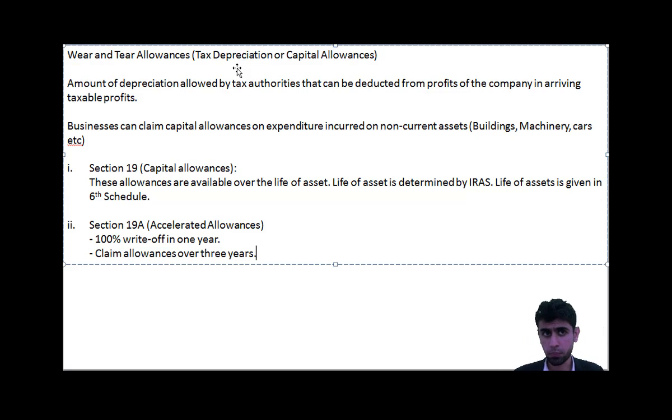Like I said, if you buy a car, the car has a useful life according to tax authorities of 6 years, and that means a small amount of cost will be available every year for 6 years. However, businesses have a choice to claim capital allowances over 3 years under section 19A. So every year a greater amount of capital allowance will be available to the businesses. So these are the two choices available under section 19A.